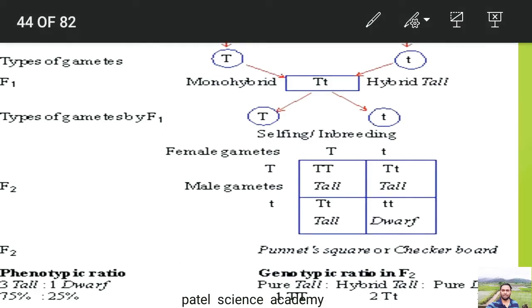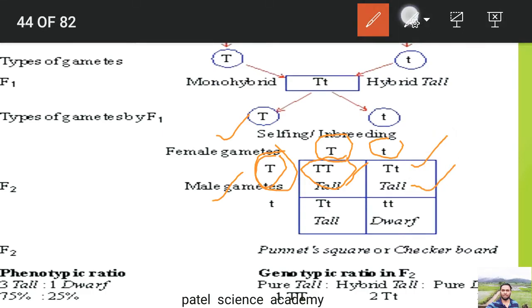In the checkerboard you can see when the capital T of female fuses with the capital T of male, they will make capital T capital T, that is tall. When small t fuses with capital T, they will make capital T small t, that is again tall.